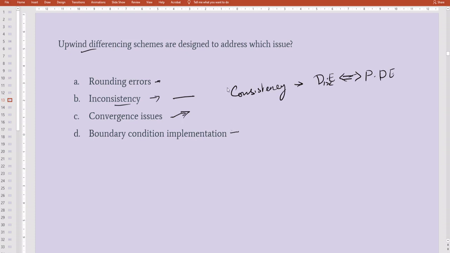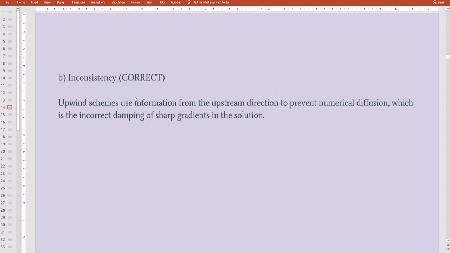So here the upwind differencing schemes or first order schemes are mostly designed to address consistency issues. We already discussed that when we are using central differencing schemes, or the schemes which have terms from both the directions.